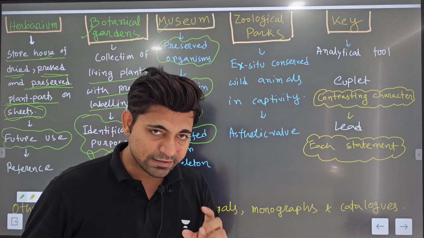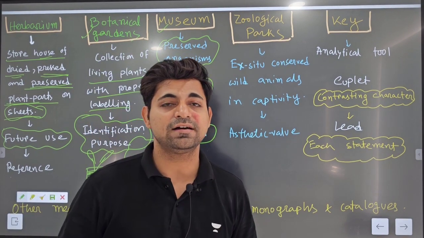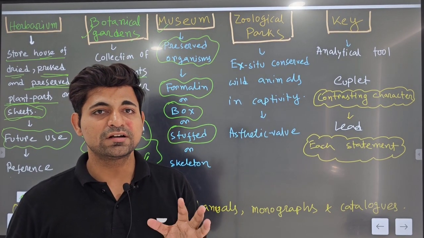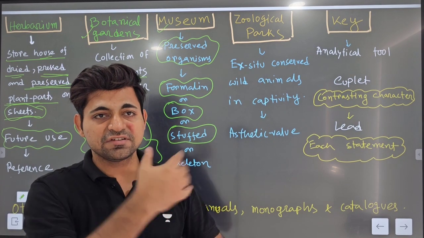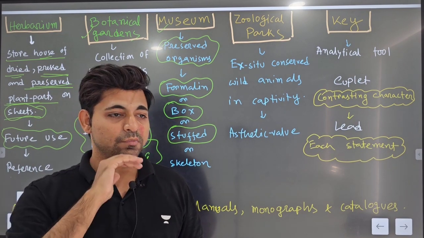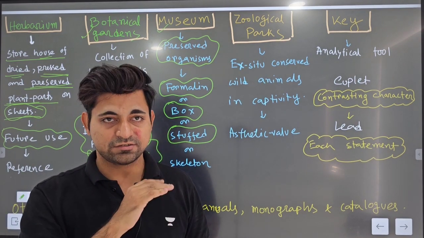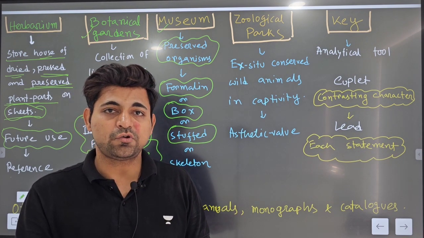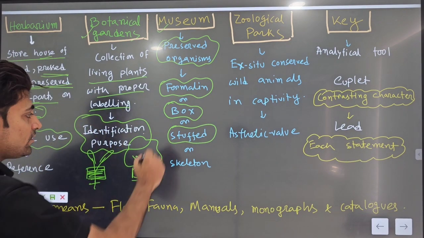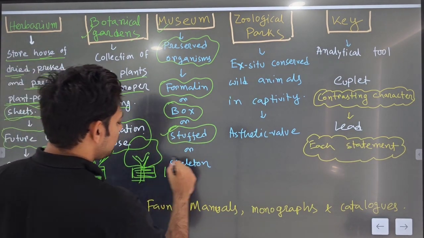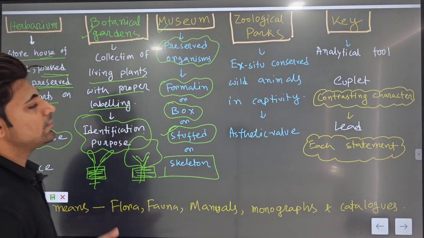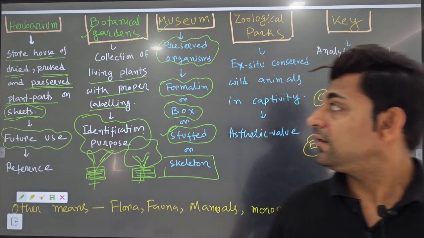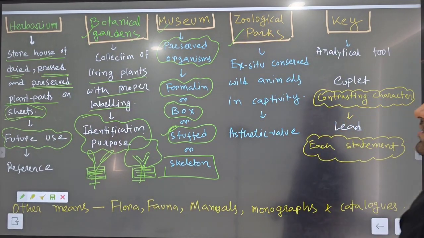If you are taking a dead animal like a dead tiger, you have to make the body dry and take out all the visceral organs. You put some layers of ointments on the skin, and when it gets dry, it looks like a toy kind of structure. That is called a stuffed animal. Then skeletons are also stored in museums.